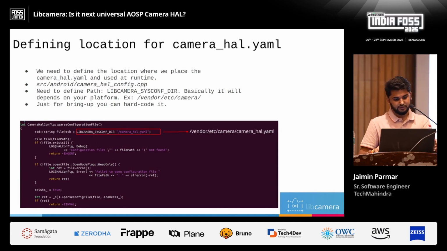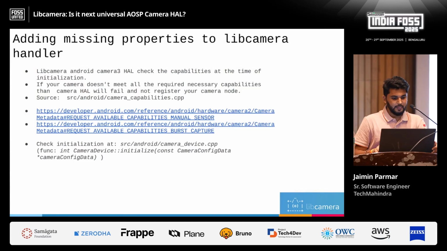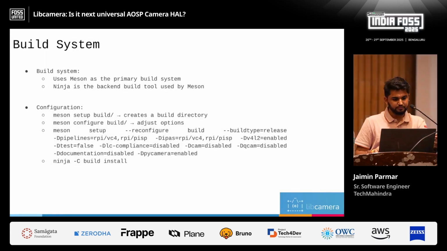This is just a core implementation, and these are the slides we'll go through. This is the camera capabilities, where all the capabilities initialization will happen. If anything is missing, you can add it there.